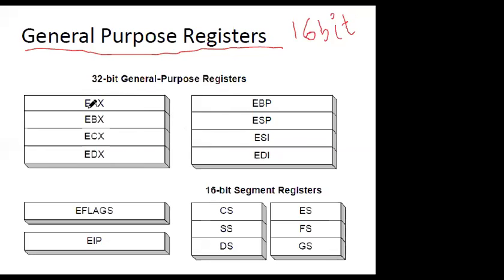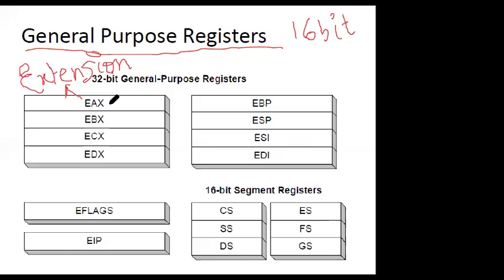EAX. This EAX refers to the extended version, an extension of the 8086 microprocessor. We had AX, which was 16-bit, and it has been extended by 16 bits more, which is a 32-bit GPR regarded as EAX.